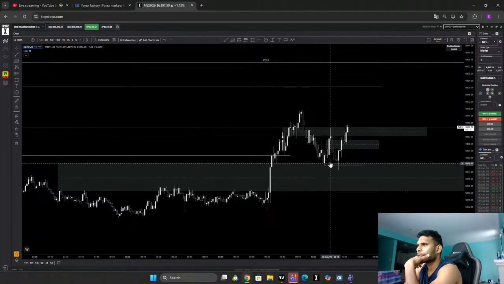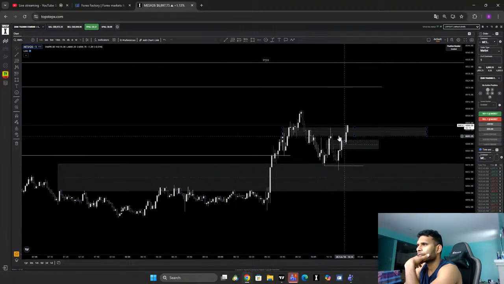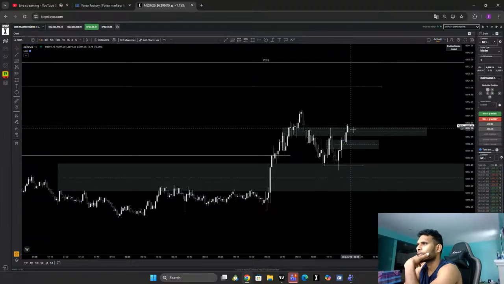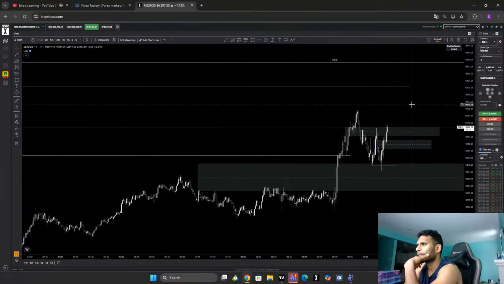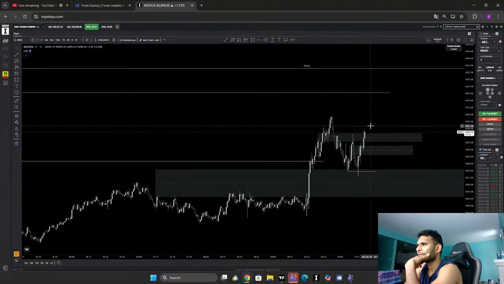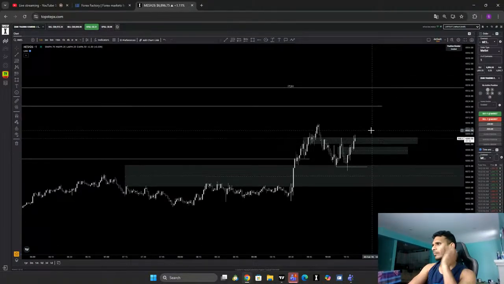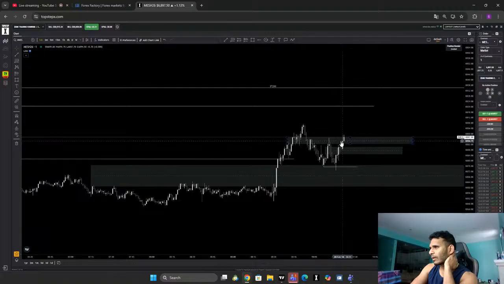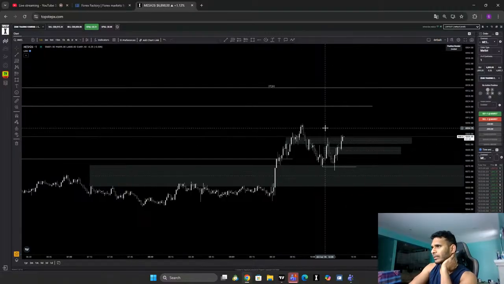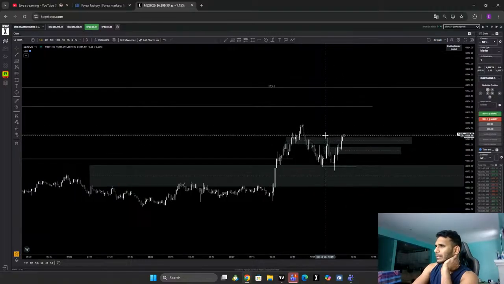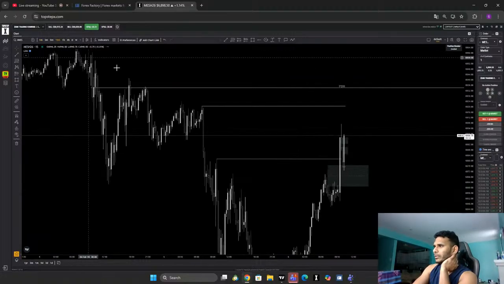Fine, long, inversion, change of state of delivery. Beautiful. Okay, but I don't get any fair value gap to enter, so I'm just avoiding it. If it created a displacement with a fair value gap around this level, that would be a great trade, since it is not printing anything for me, so I just don't want to engage in it right now.